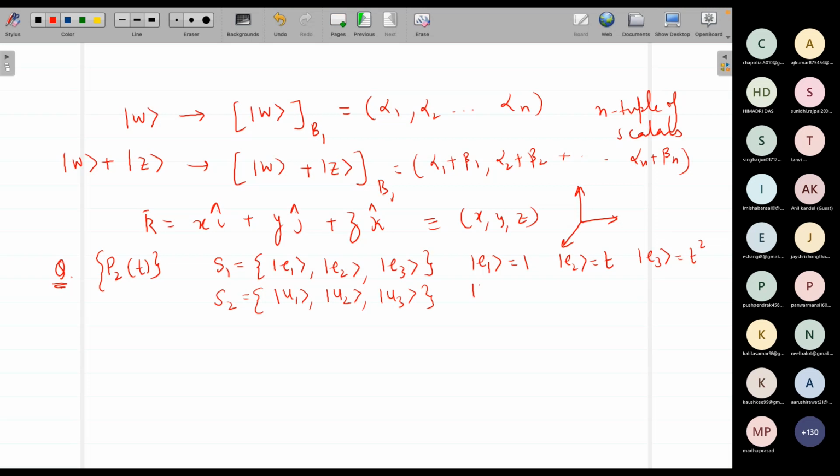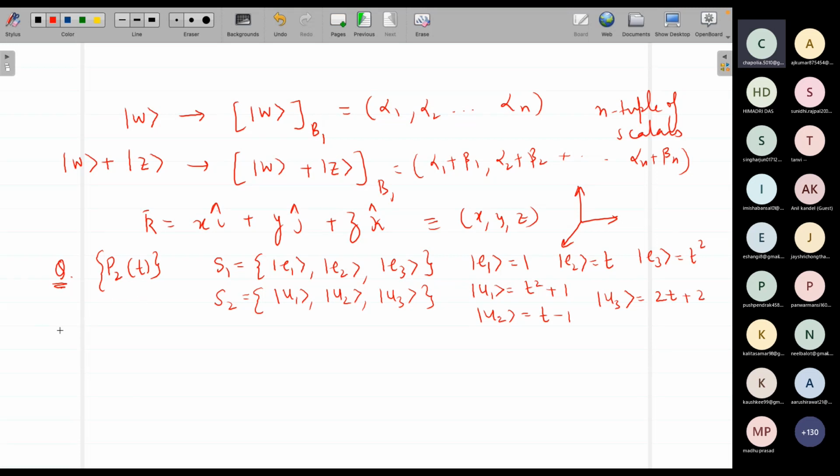So U1 is given as t square plus 1, U2 is given as t minus 1, and U3 is written as 2t plus 2. These vectors all live in the same P2(t) space, that is obvious.